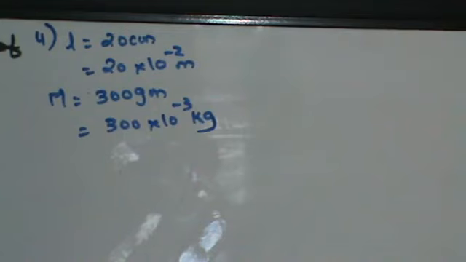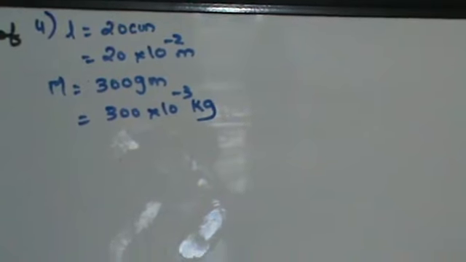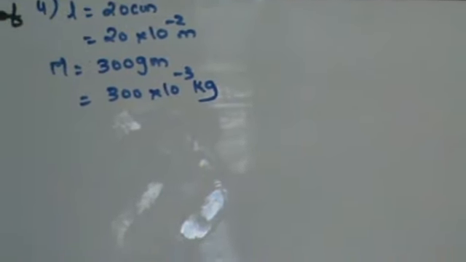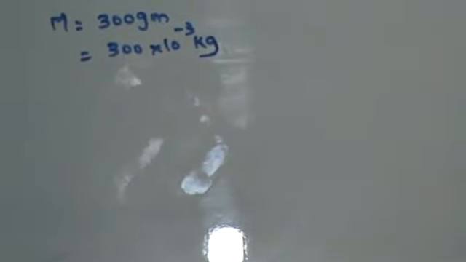Find the moment of inertia and the radius of gyration about an axis passing through its midpoint and perpendicular to its length.